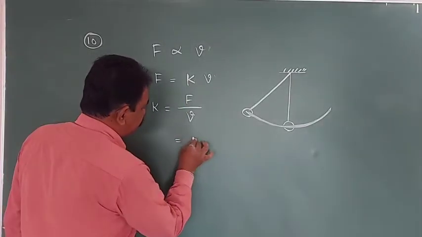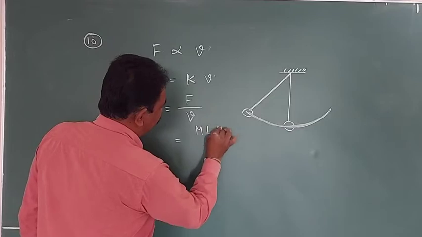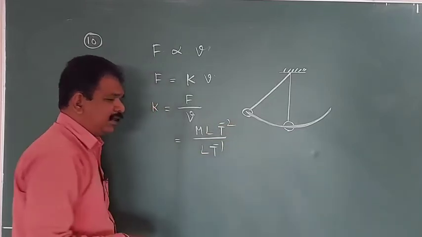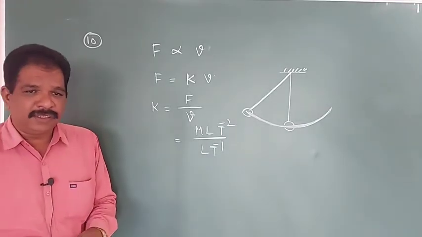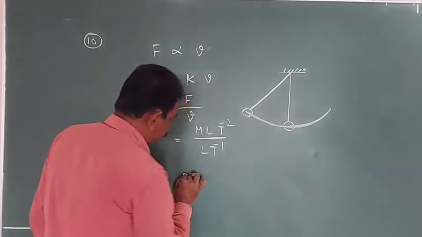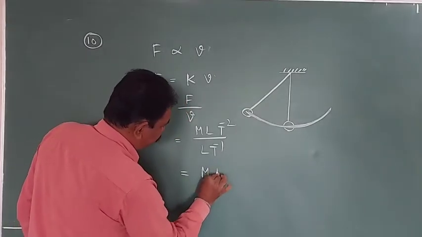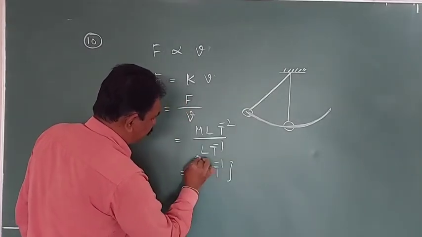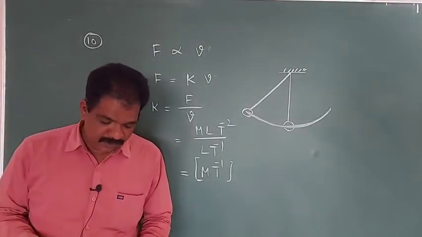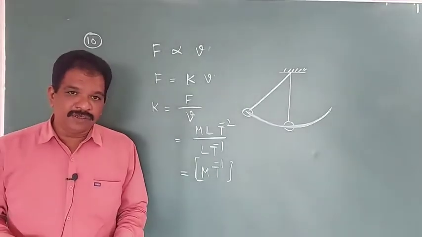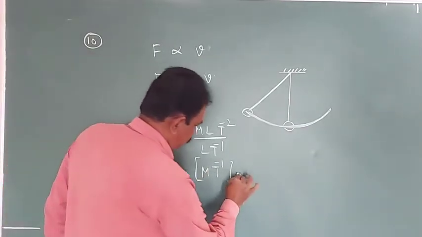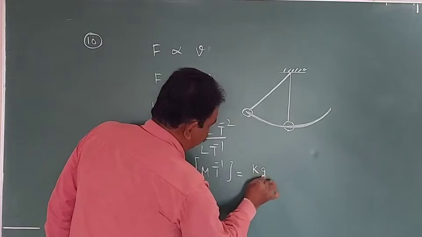Already we know the dimensions of F and V. F dimensions will be M L T power minus 2. Velocity dimensions will be L T power minus 1. So how much will we get? M T power minus 1. They are asking the unit, not dimensions. From the unit you write dimensions, from dimensions you write unit.